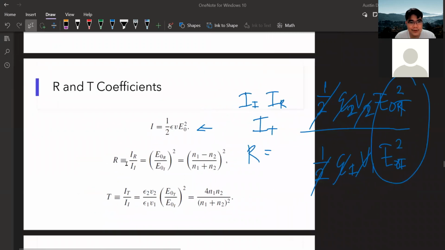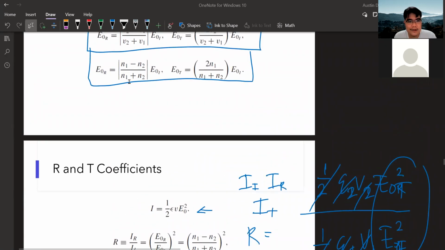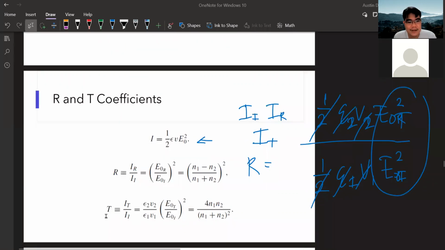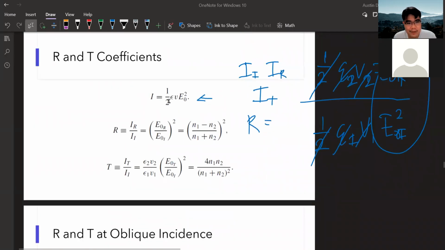So parehas lang din dun yung mga properties ng medium. Okay? So V2, I mean yung V mo would be same lang din for that medium. Therefore, matitira na lang is yung ito. And this is very easy kasi kung titingnan mo, ito lang yun. Squared. Diba? Okay. For the transmission coefficient, magkaiba na yung E2 mo tsaka V2 mo, so hindi sila nag-cancel, pero nag-cancel yung 1/2.